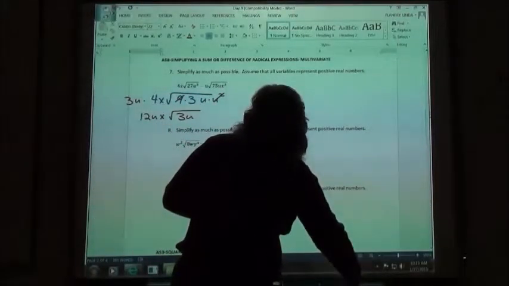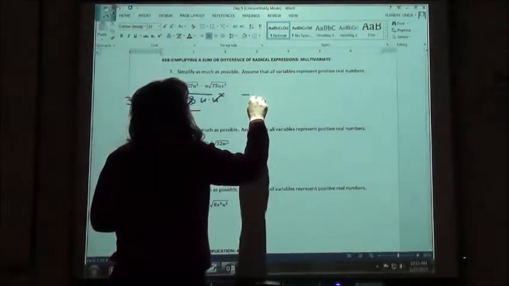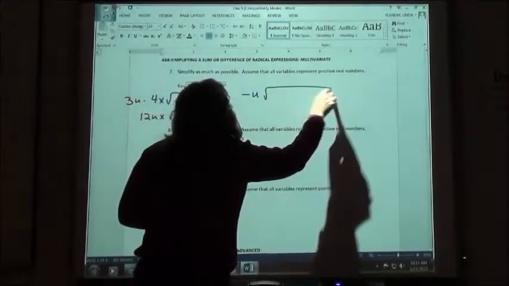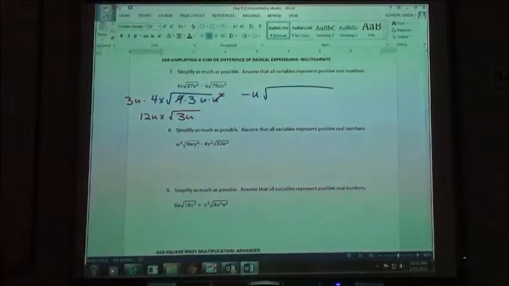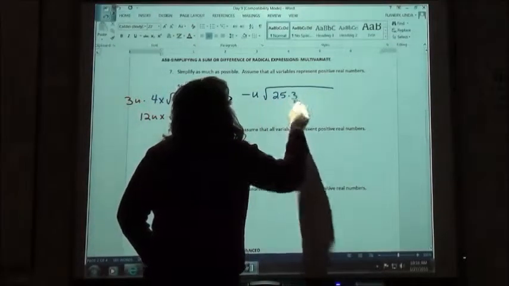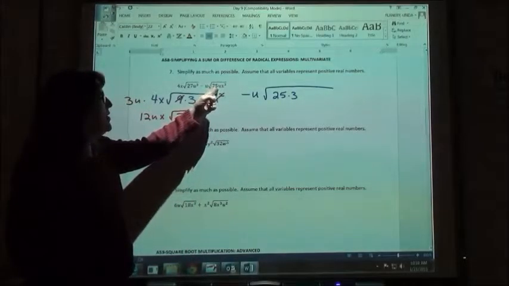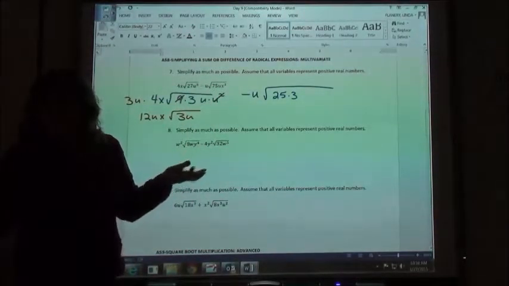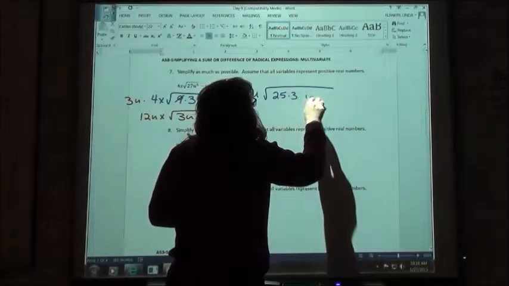Now on that other one, we've got a minus u out in front, and then we've got to simplify the square root of 75ux squared. 75 can be factored. 25 times 3. We can't do anything with the u, even though it's odd, so we're going to leave the u.